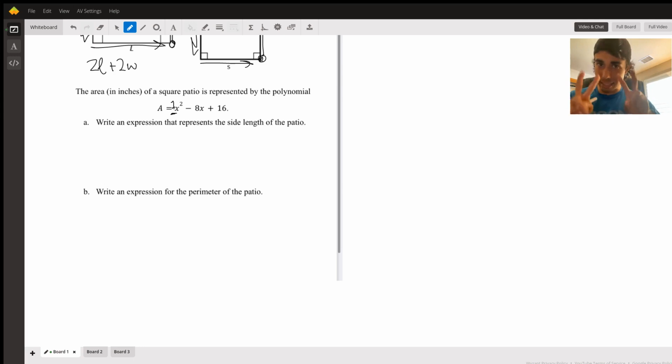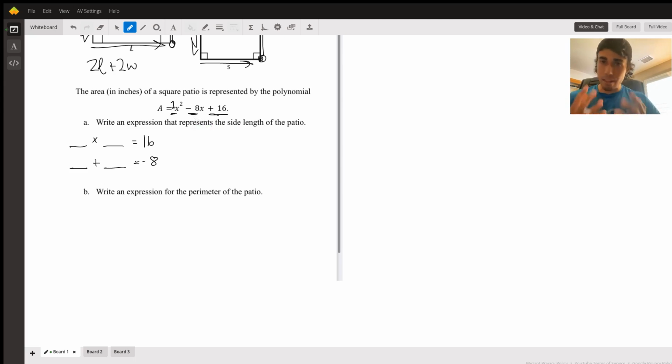So this one's going to be the easy factoring. All we're looking for is two numbers that multiply to 16, and those two numbers need to add to negative 8. Because you're multiplying to this one, and adding up to that one.